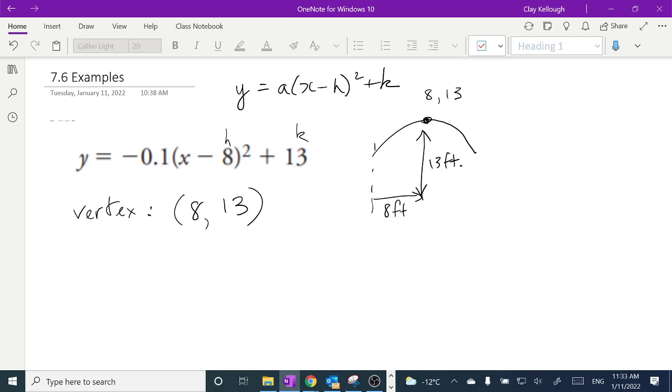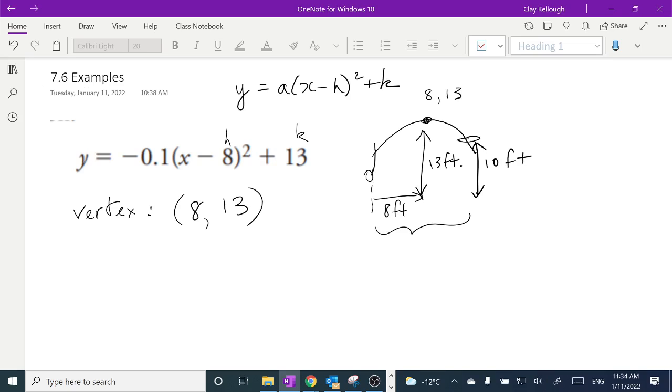Now we know that the basket itself is actually 10 feet high. So let's pick an arbitrary number. Or no, let's not pick a number. Let's say this is the equation of the shot. How far does this basketball player have to be?